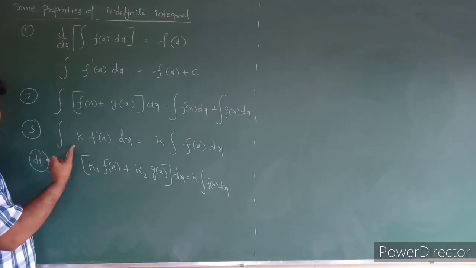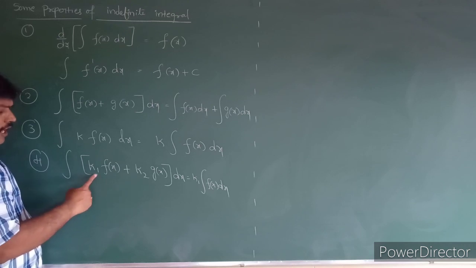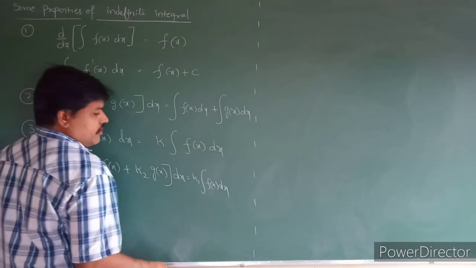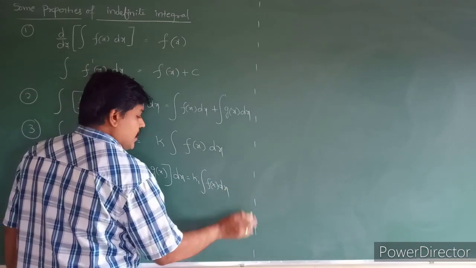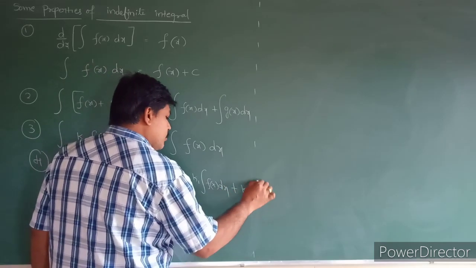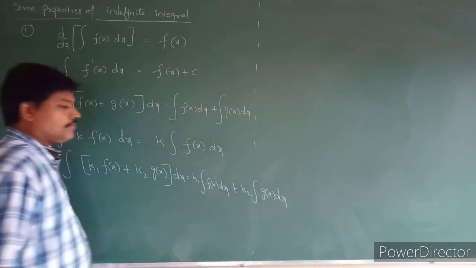Okay, k is a constant. K1, k2 are also constants. So k1 into f of x plus k2 into g of x, you can write as k1 into the integral of f of x into dx plus k2 into the integral of g of x into dx.